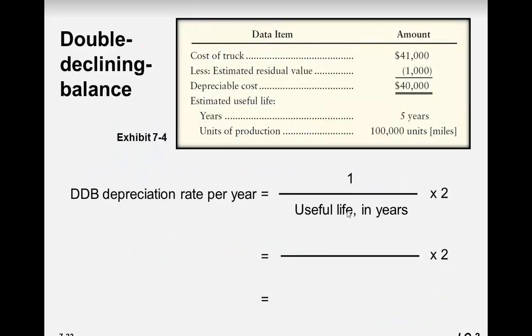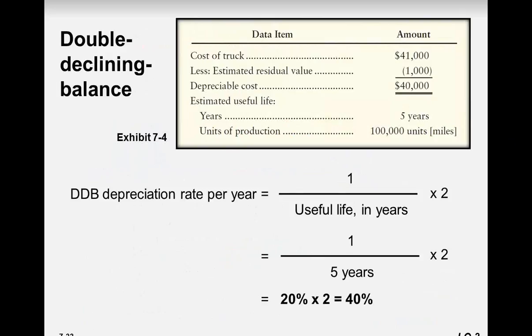Divided by 5, 1 divided by 5 is 20%, times 2 would be 40%. This example, again, was 5 years. I think I just said 20% times 2 was 50, but 25 times 2 would be 50.